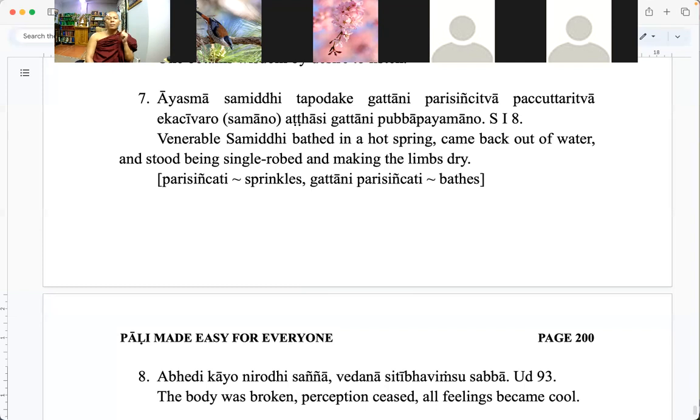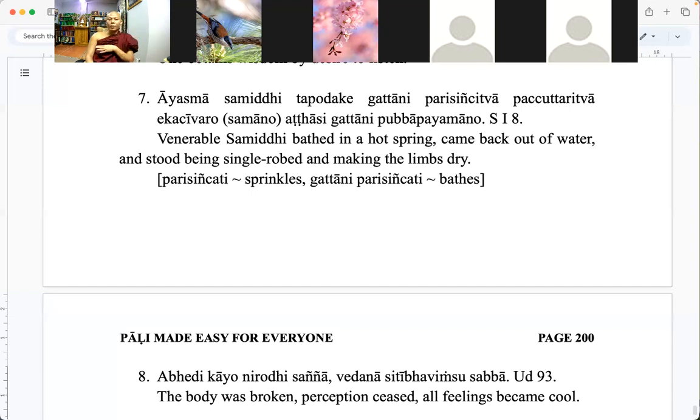Maybe he wears something light, and at that time the upper robe is taken off, not on his body, only the lower robe. Bante, it means that he used the under robe to make the limbs dry. In this way it can be understood.